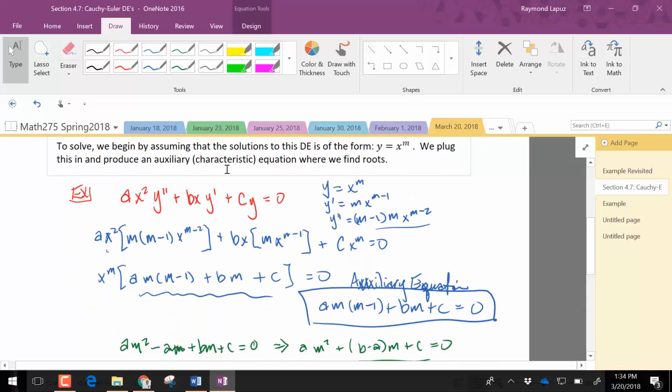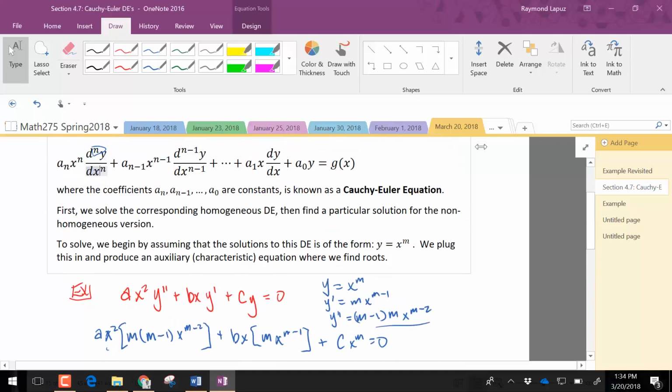So solving for the homogeneous differential equation is pretty straightforward.